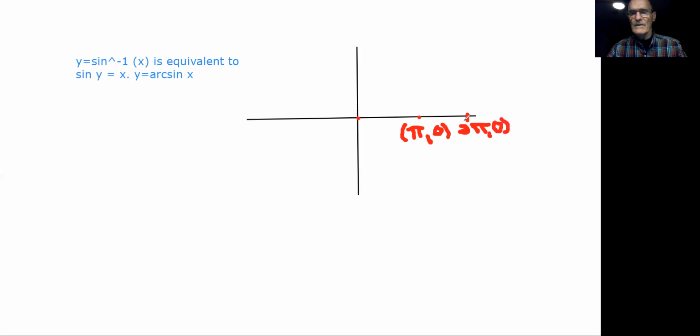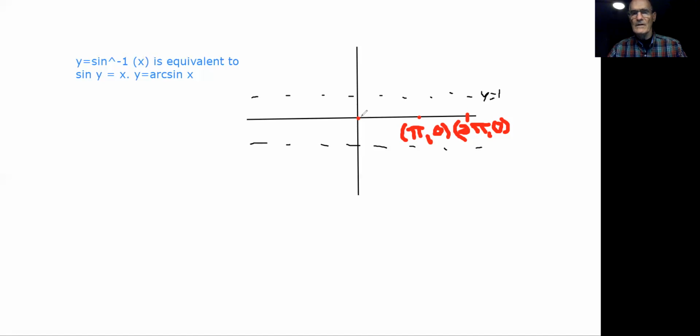And we have our other function. If we come across here, remember we always draw the dotted lines y equals 1 and y equals minus 1 across here so we can tell where they are.